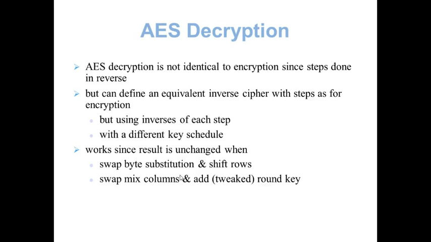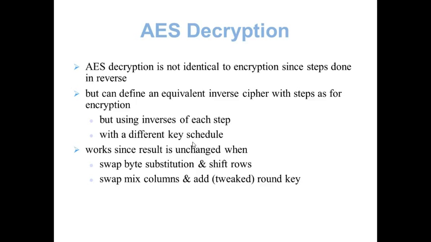By constructing an equivalent inverse cipher with steps in the same order as for encryption, we can derive a more efficient implementation. Clearly, swapping the byte substitution and the shift rows has no effect, since they work just on the bytes.